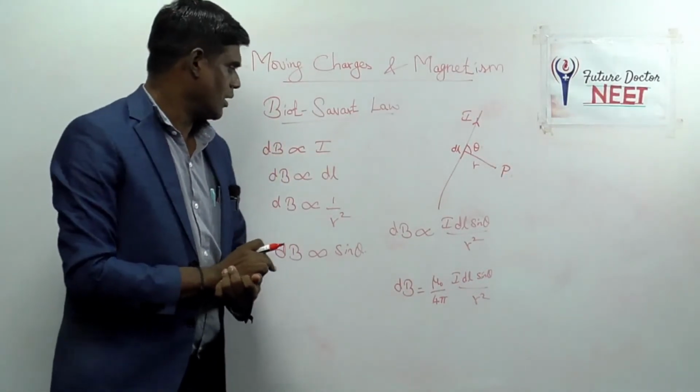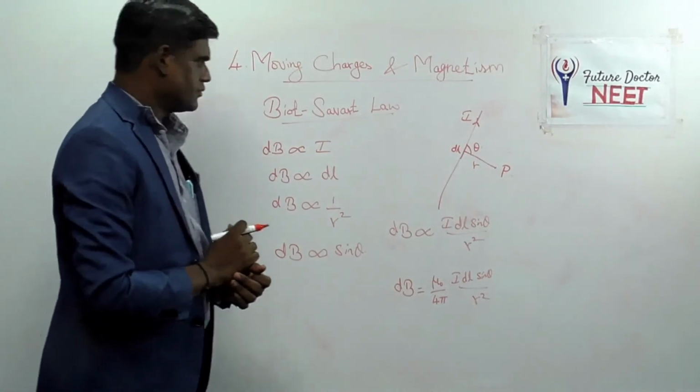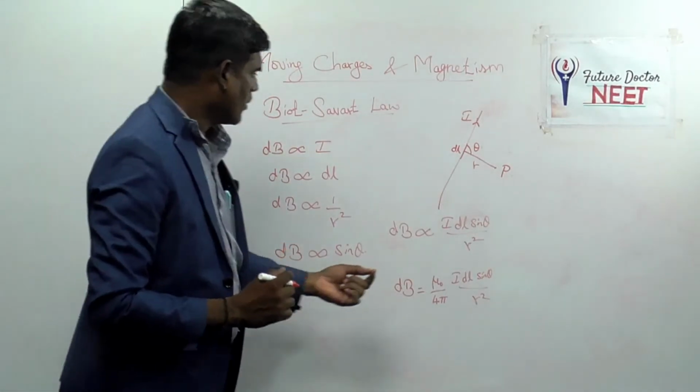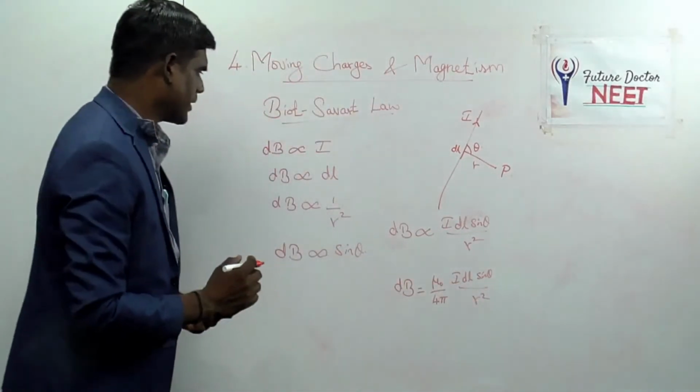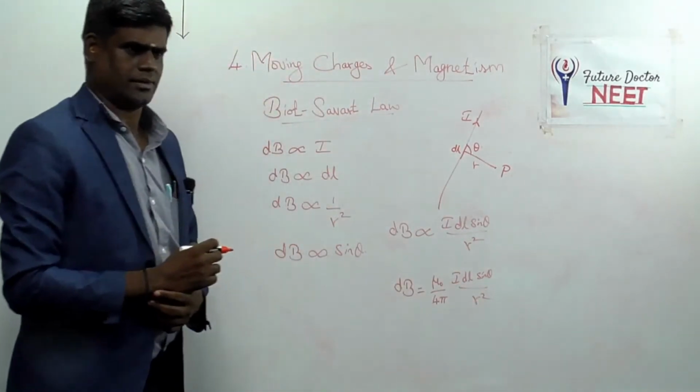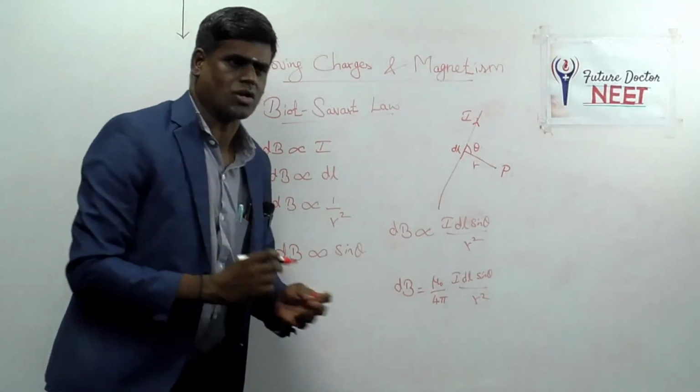And you know, I dl sin theta can be written as I dl cross product. That is a cross product.